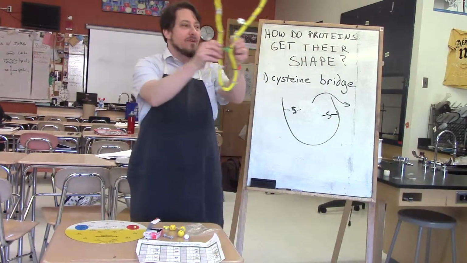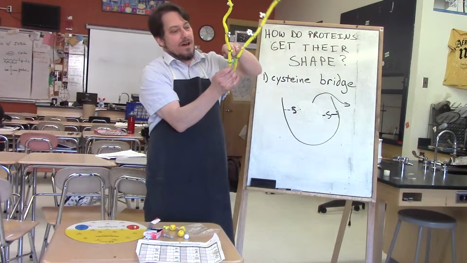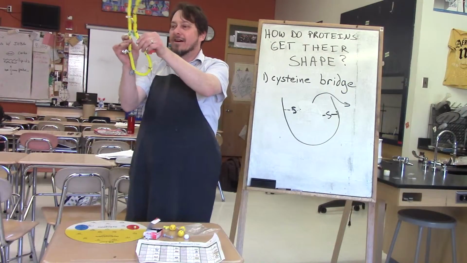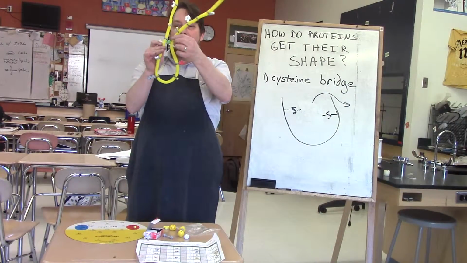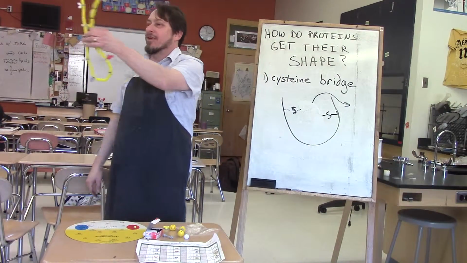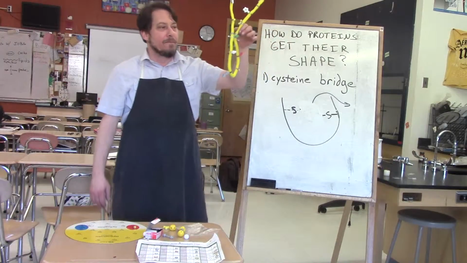So if I bring these 2 green cysteines together, which you will all also do, I put the clips, as you notice, fit handily around the tube, or whatever you call it, the protein chain, and it stays like this. And so this is one of our first levels of protein structure, the cysteine bridge.